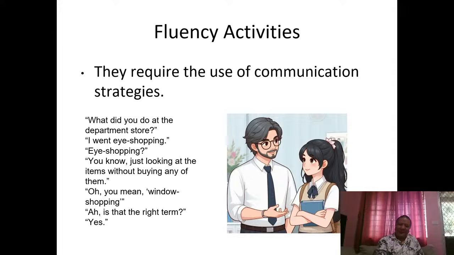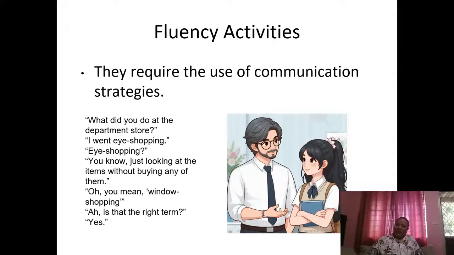So, class, an example of communication strategy is coining your own word, creating your own word. In this case, the Chinese girl didn't know the term for window shopping, so she invented her own term, meaning eye shopping.